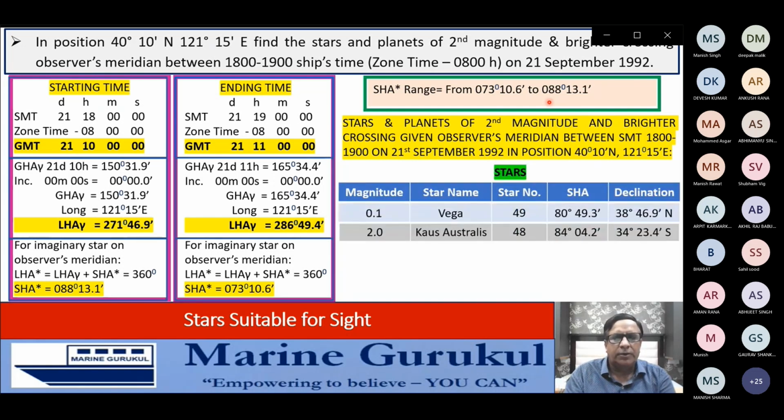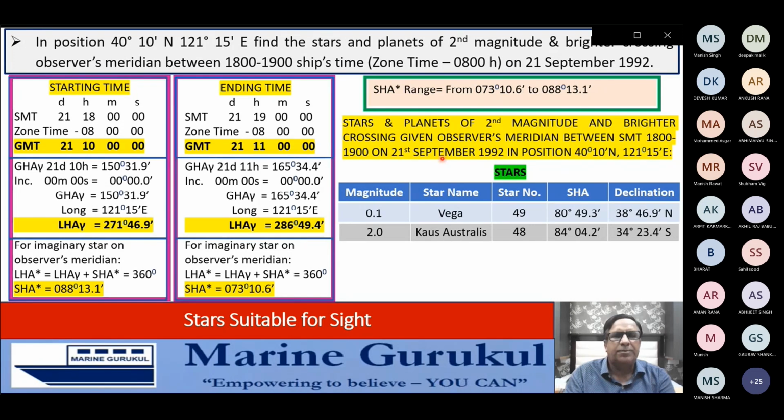Stars will be only two. You can check. We have already learned how to figure out these stars in the star tables in the range of SHA. And the stars are Vega and Kaus Australis. These are the two stars in this SHA range meeting this magnitude requirement as per the question.